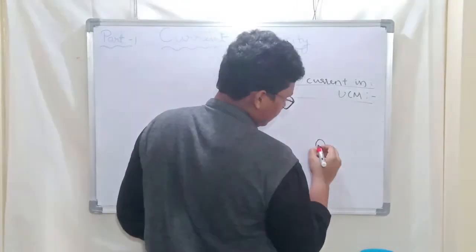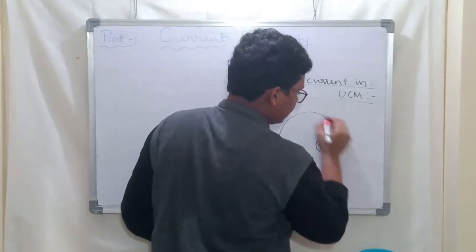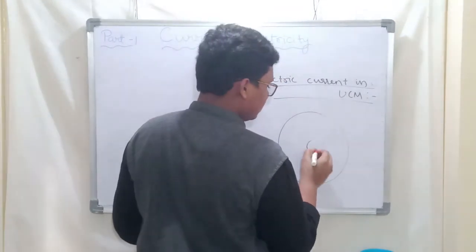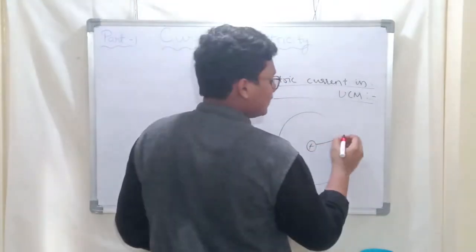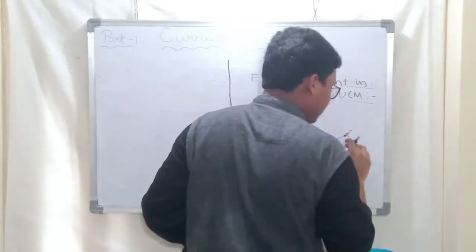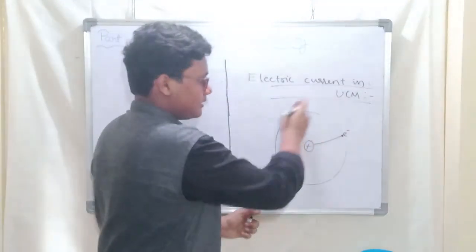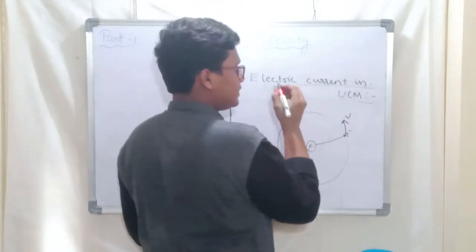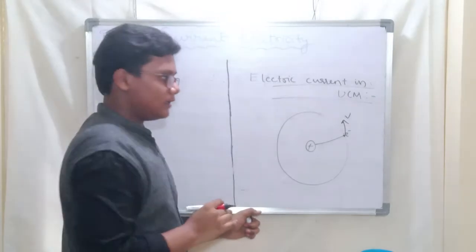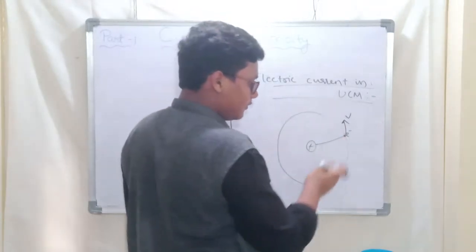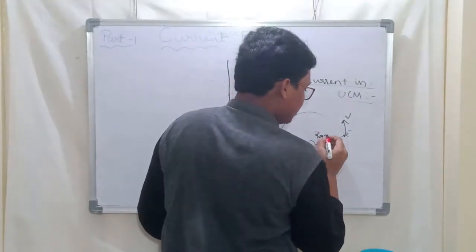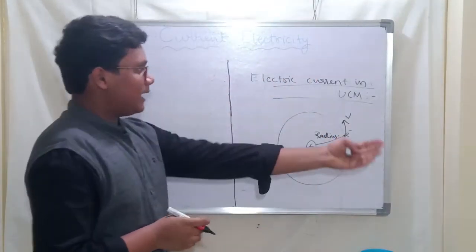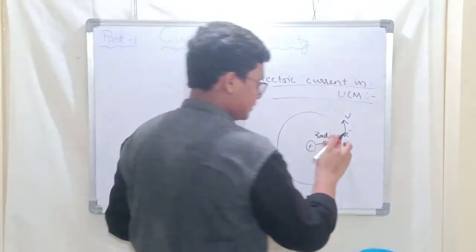See, this is the nucleus, and here there is one electron, and the electric flow is moving in this direction. We can say there is an equivalent current, because it is moving with the same radius and the same speed.